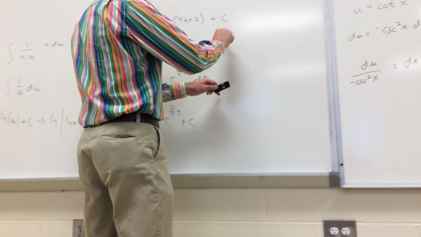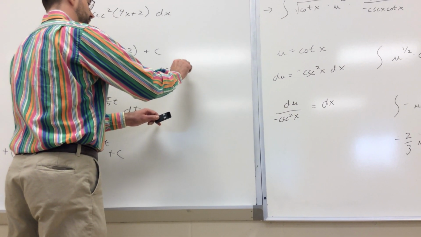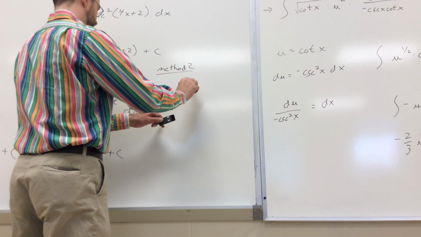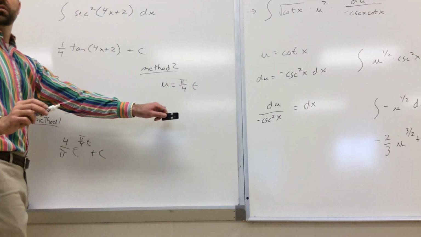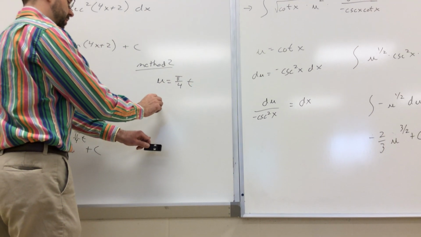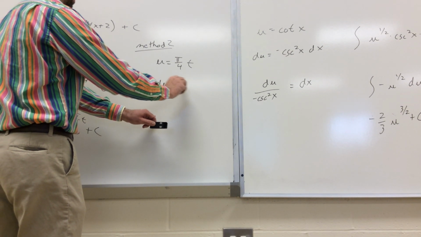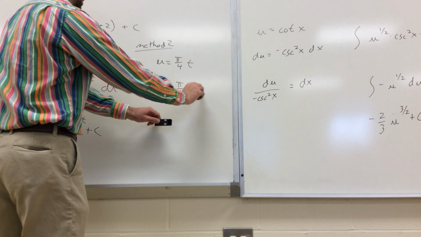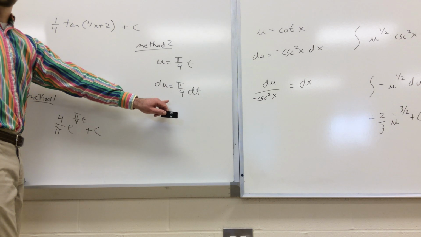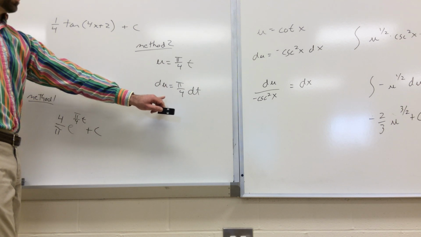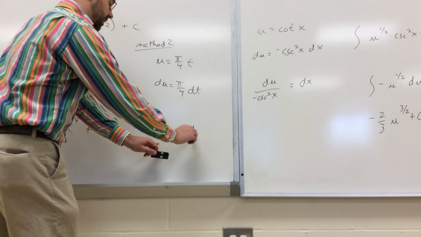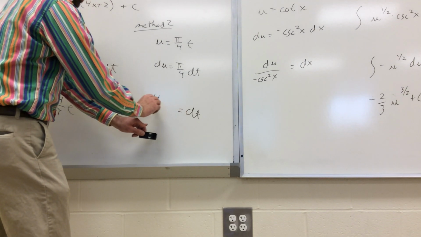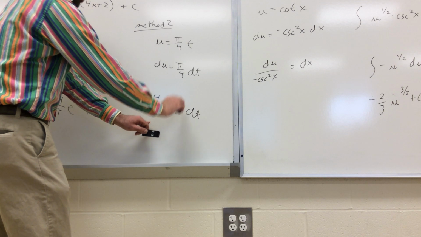But if you're not thinking sharply, you can always put down u equals pi over 4t. So du is pi over 4 dt. So dt is 4 over pi du, right? Dividing that over.